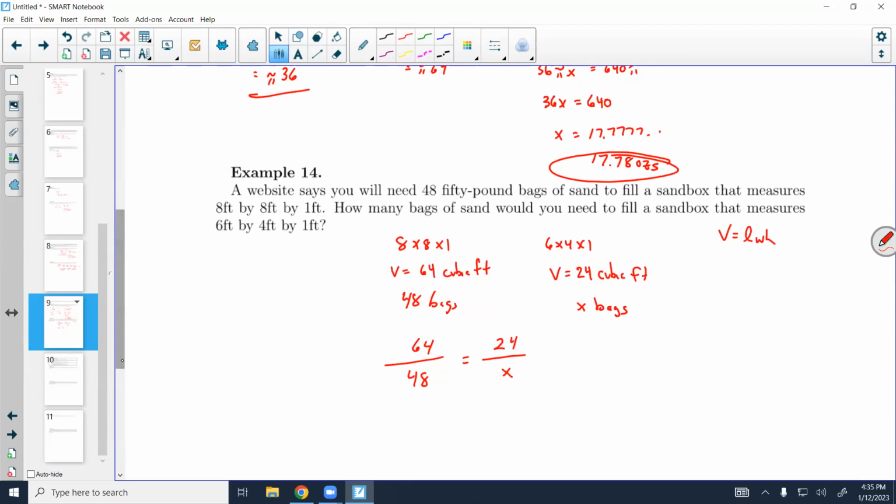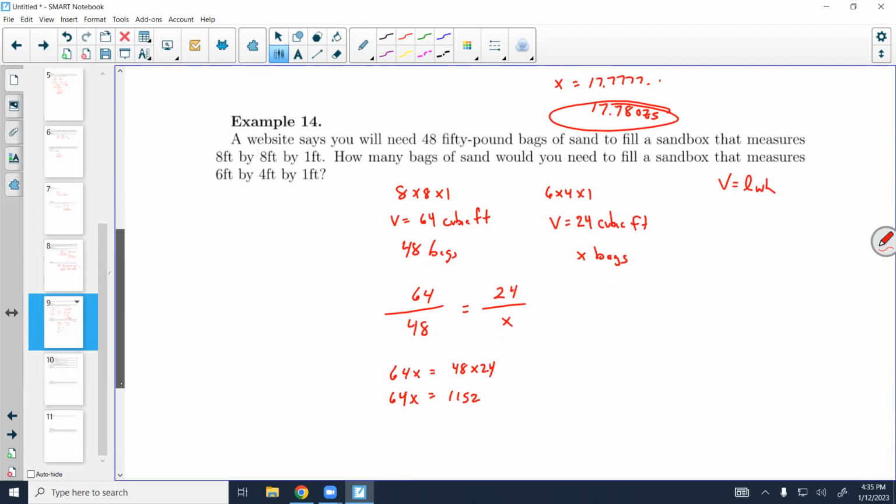Okay? Cross multiplying, I have 64 times X equals 48 times 24. Calculators out, 48 times 24. So 64x equals 1,152. Divide both sides by 64.